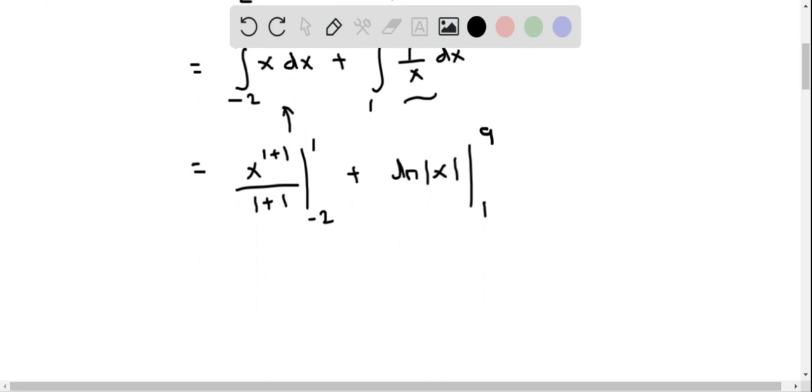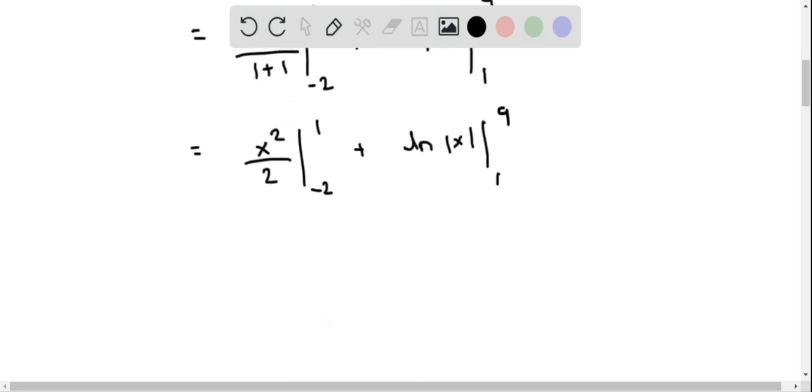Now we have to simplify this. So this equals x raised to the power of 1 plus 1, which is 2, divided by 1 plus 1, which is 2, from -2 to 1, plus the natural logarithm of the absolute value of x, evaluated from 1 to 9.